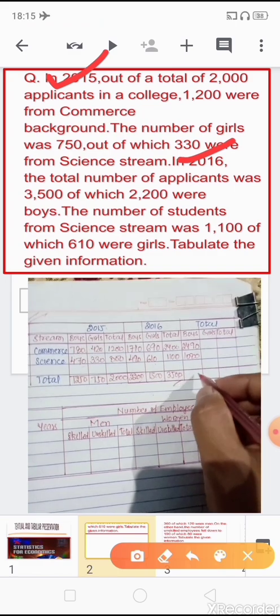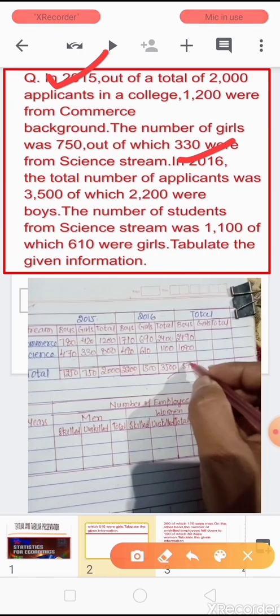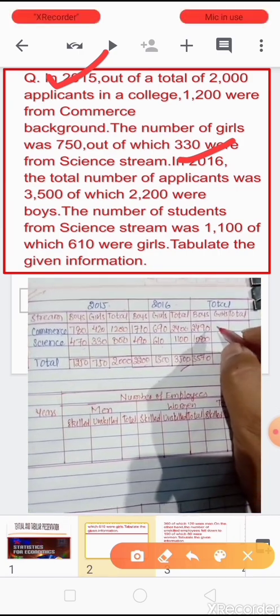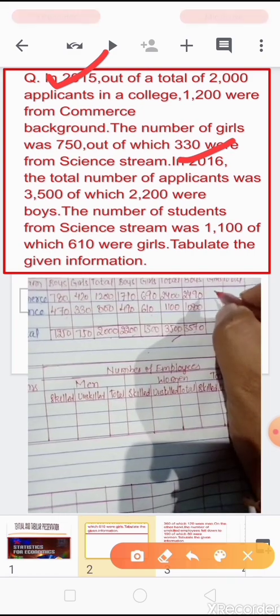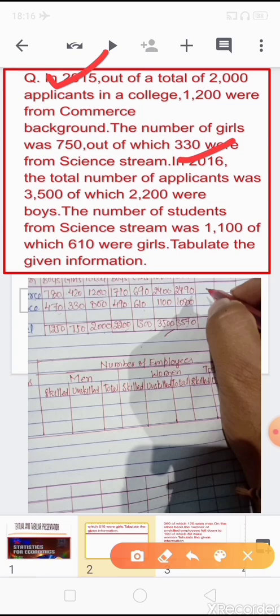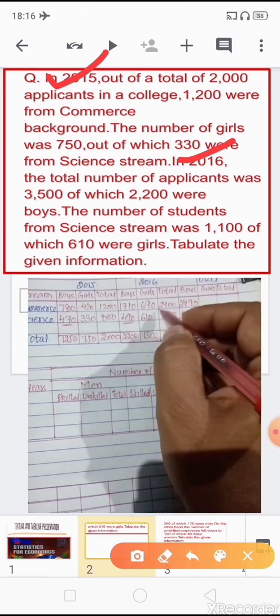So when you add, it becomes 3580. And we have to add this value with this value.